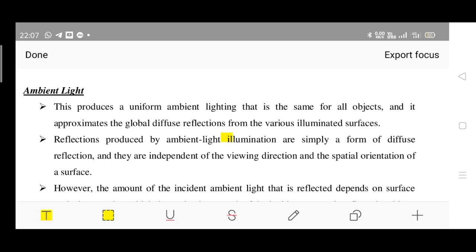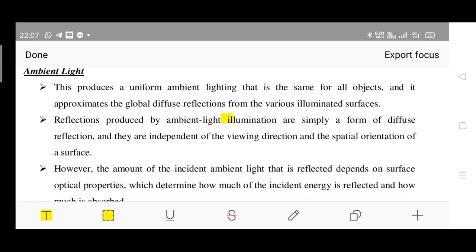Reflections produced by ambient light illumination are simply a form of diffuse reflection, and they are independent of the viewing direction and spatial orientation of the surface. This is because almost the entire surface we are considering looks the same, right? That is what we are considering.